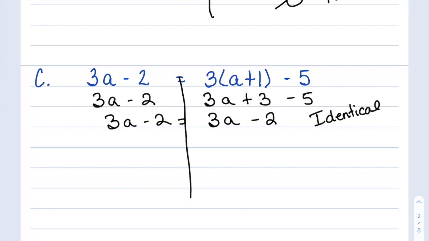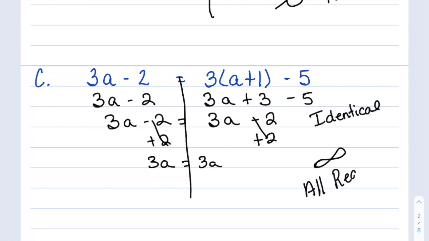And we know if we move things over, we could say plus 2, plus 2. These would be gone. We would get 3a equals 3a. Or if we got rid of the 3's first, we could see that this is all real solutions. This is all real solutions. So this is that identity property.